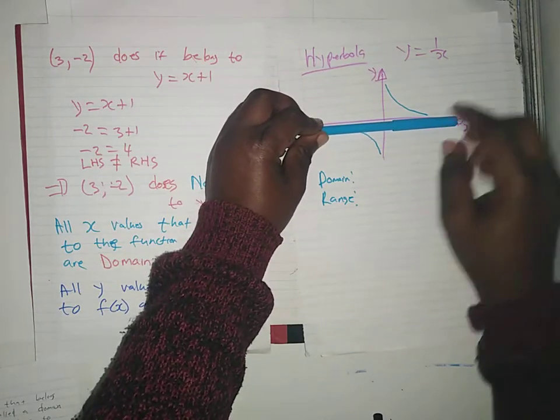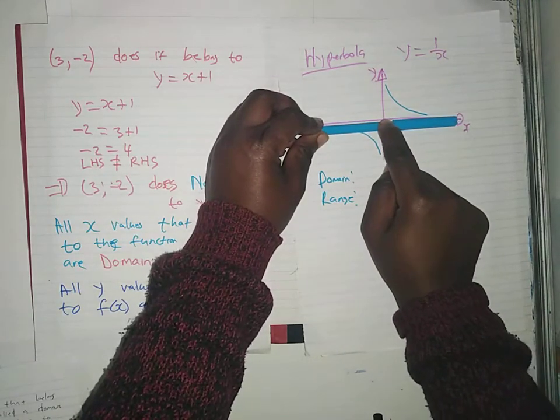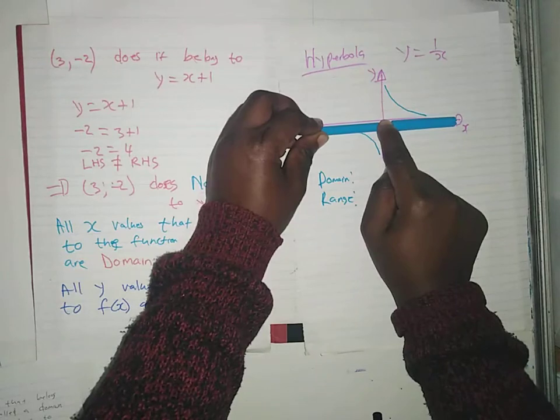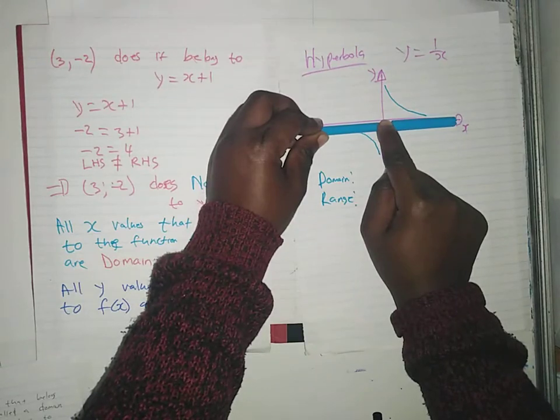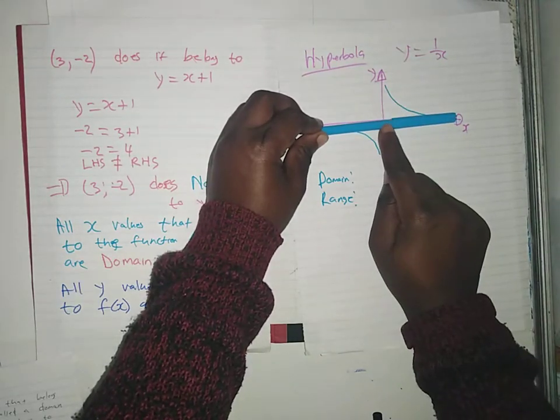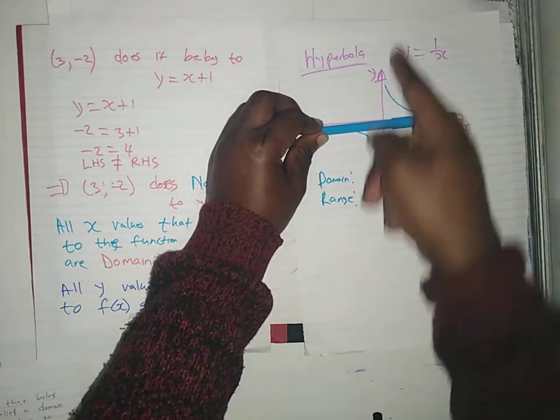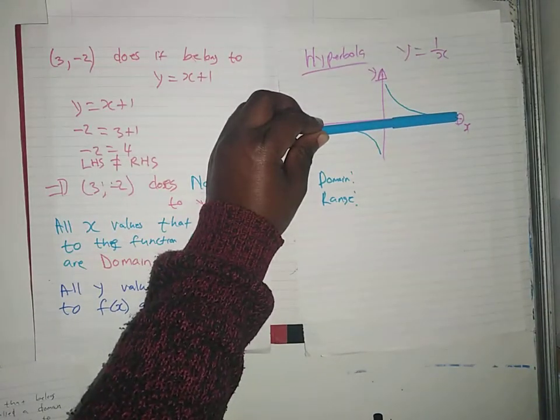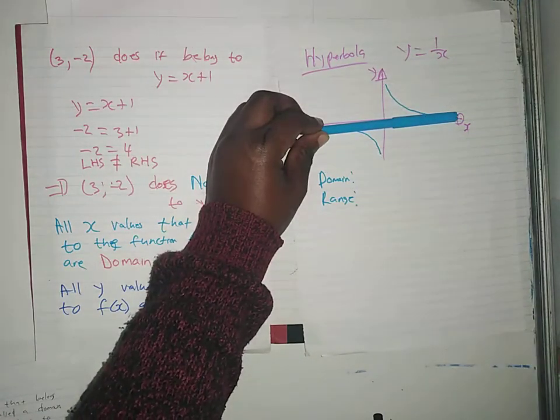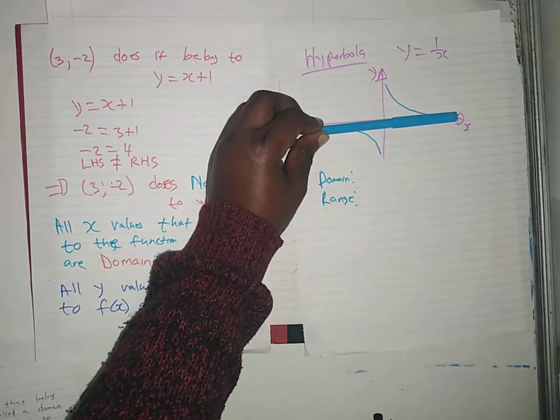Okay, start with 0. Does x, which is 0, touch this graph? No, it doesn't. Remember, this is an asymptote of this graph. It's the line that the graph approaches but never touches. So 0 doesn't work.